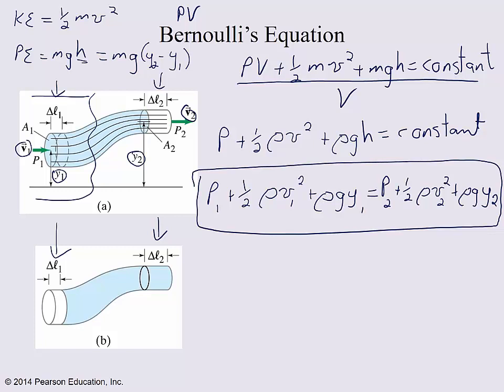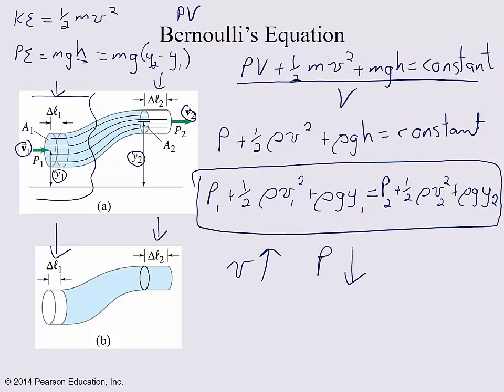It was a relationship that Bernoulli discovered when he was doing some experimentation with fluids, water in particular. The one thing that this big equation tells us is that as the speed increases, the pressure decreases.